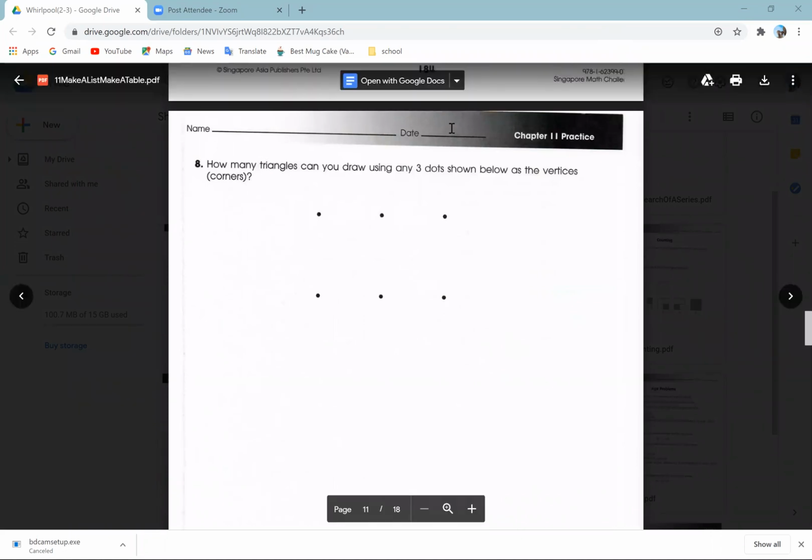Oh, this one seems very interesting. I'm excited for this one. So, how many triangles can you draw using any 3 dots below? 1, 2, 3, 4, 5, 6.